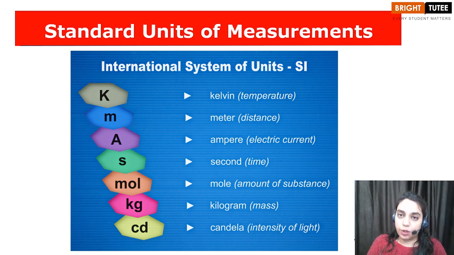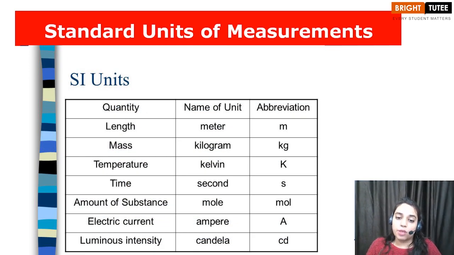For the sake of uniformity, scientists from all the countries accepted this metric system as the standard units of measurement, so that there is no discrepancy or variation. 10 centimeters measured in India will be the same as 10 centimeters measured in America. Okay children, this is the advantage of having standard units of measurement.